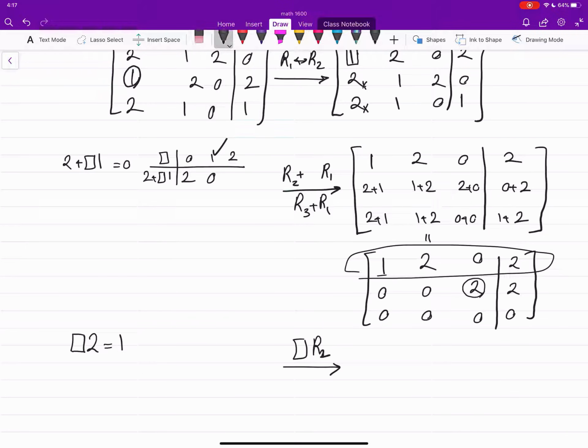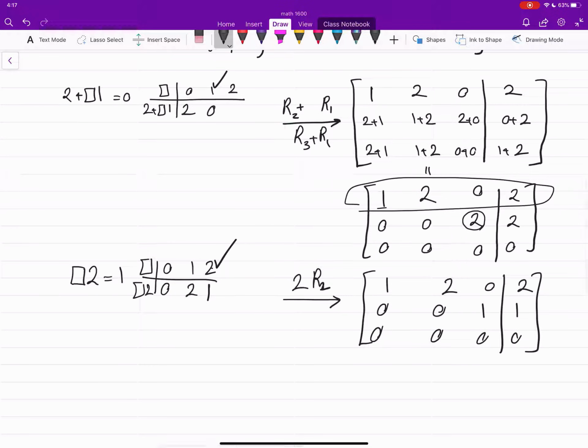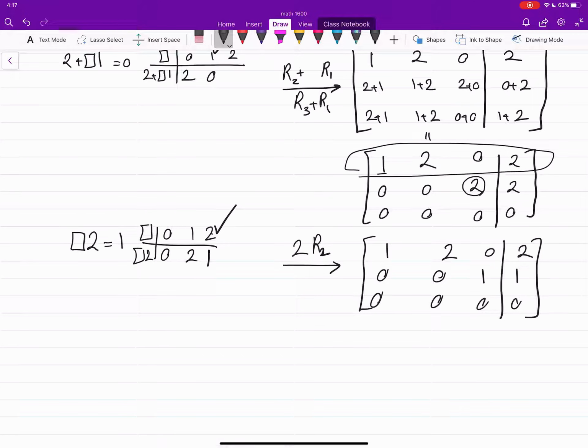So there are 3 values for box, either 0, 1, 2, and box times 2: 0 times 2 is 0, 1 times 2 is 2, 2 times 2 is 4. 4 in Z3 is 1. So we just found what the box is. Multiply row 2 by 2. So it will be 1, 2, 0, 2, 0, 0, 1, 1, and then 0, 0, 0, 0. Very nice.